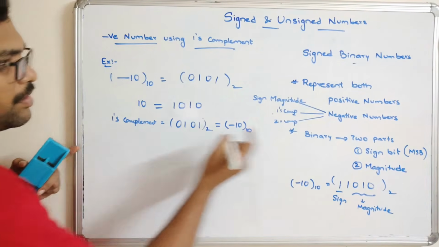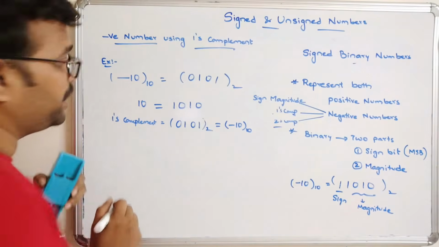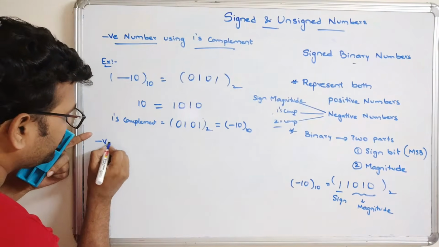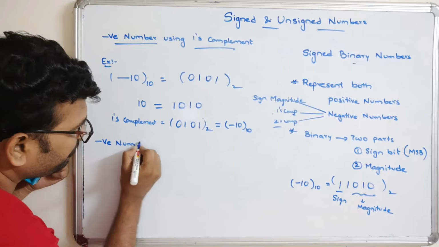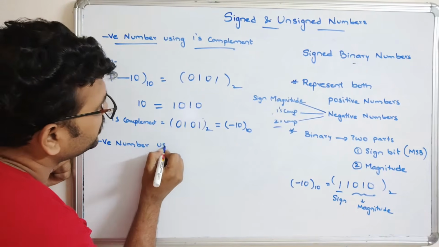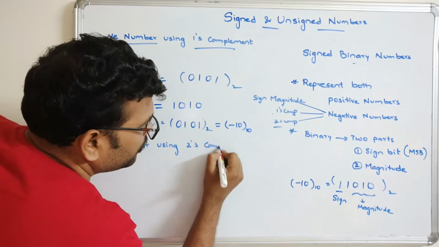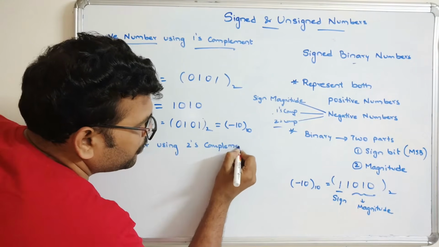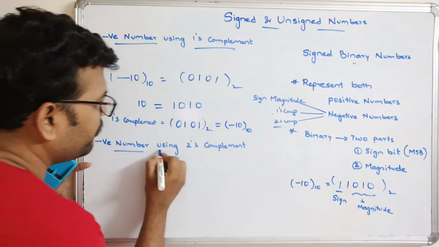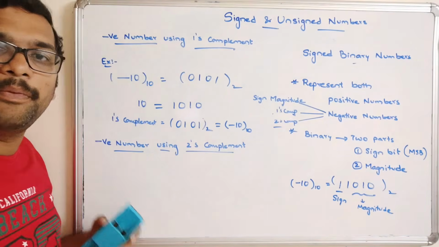Now the third process, using the 2's complement. How to represent a negative number using 2's complement?